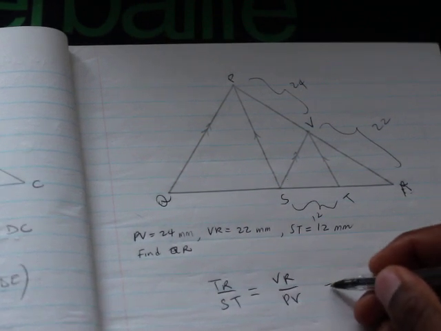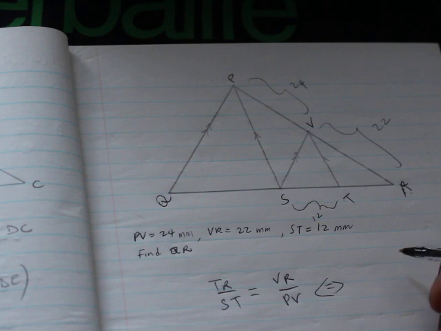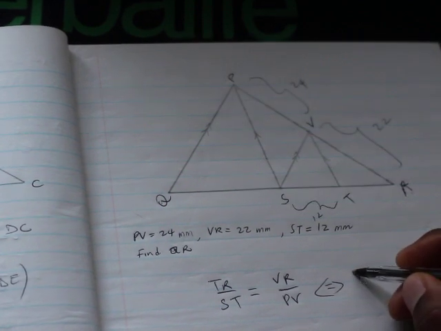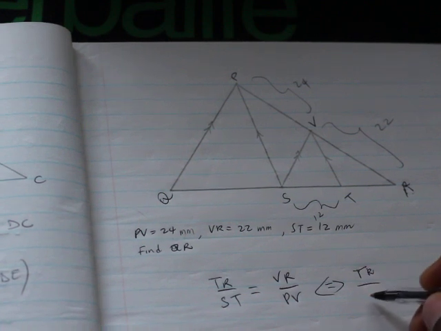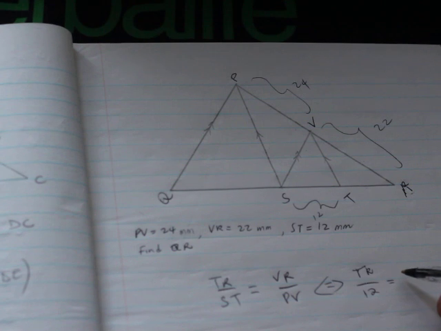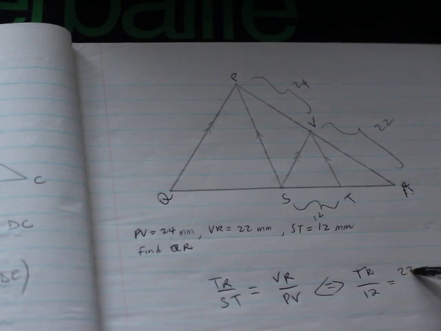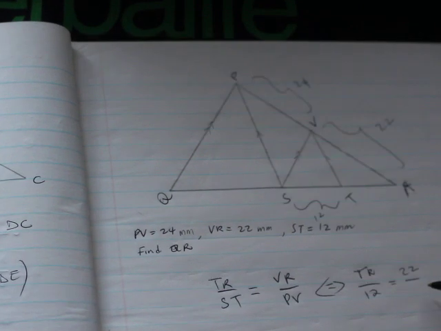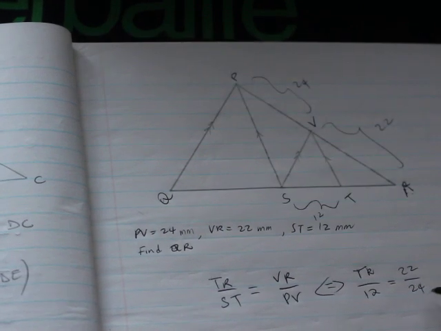All right, and now let's do the substitution. TR, that's what we're looking for. TR we don't have. ST is given as 12. VR as 22. And our PV is just 24.